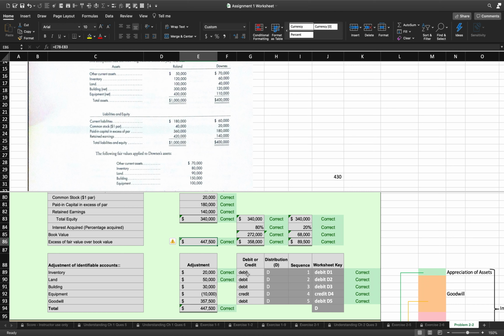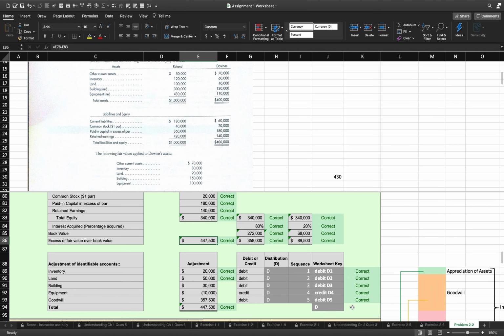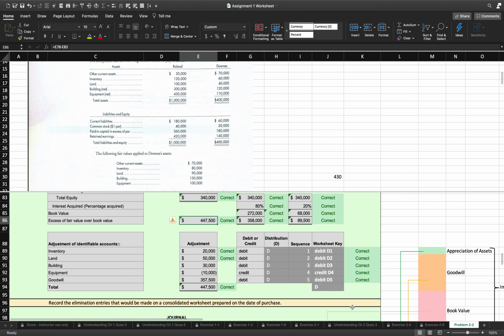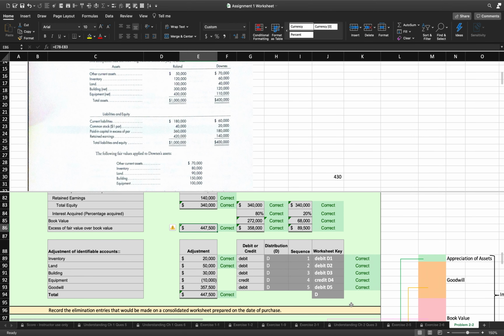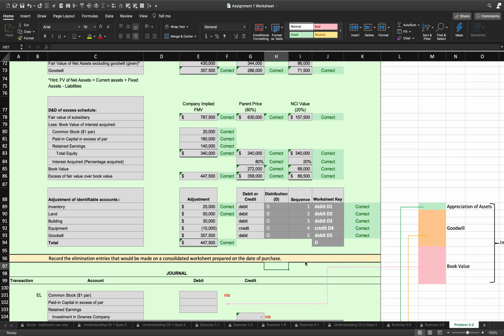In future chapters, we're going to see an addition to this chart where we'll deal with depreciation and/or amortization expense. But for now, we're going to ignore all of that. And at this point, we're ready to eliminate some of these entries that we need to eliminate at the consolidation date. Right. So let's get back into the elimination entries now.